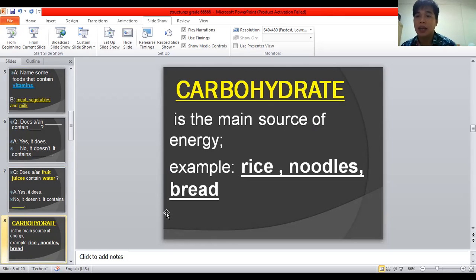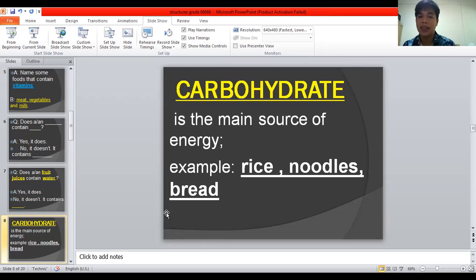We have carbohydrate. Repeat after me. Carbohydrate. Again, carbohydrate. Let's read what is carbohydrate. It is the main source of energy. What are the examples of carbohydrate?